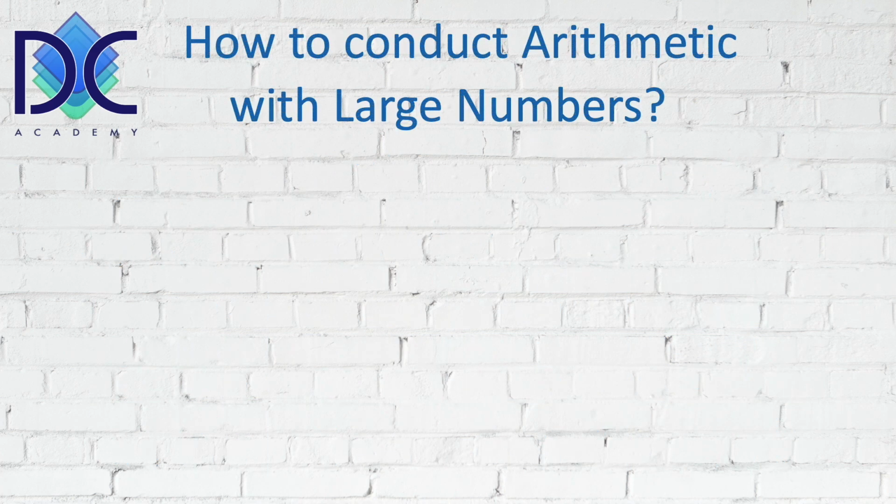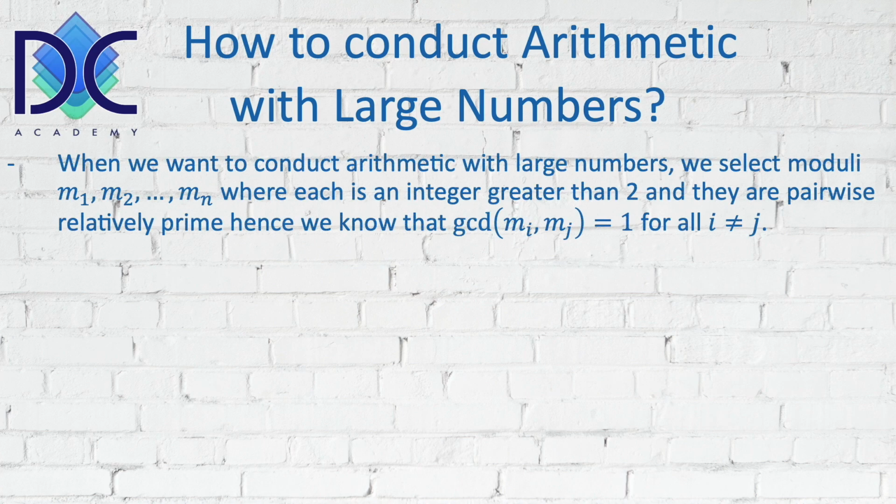Now, what to do with large numbers? We've seen the principle of how we can represent a number as an n-tuple, and now let's look at what happens with large numbers. We look at different moduli m1 up to mn.